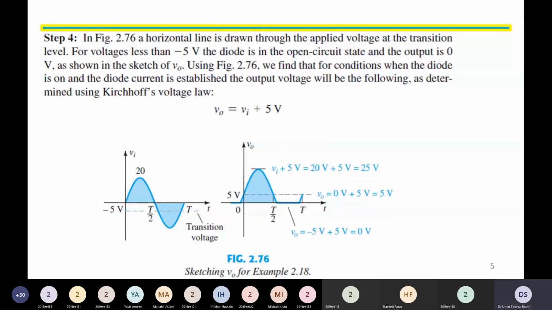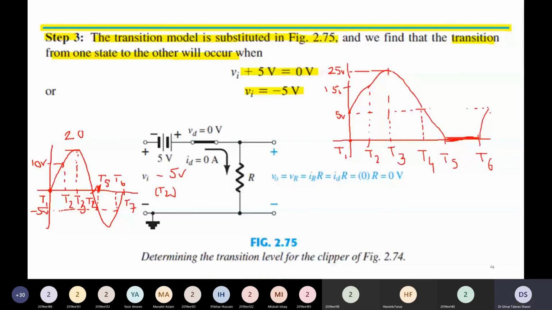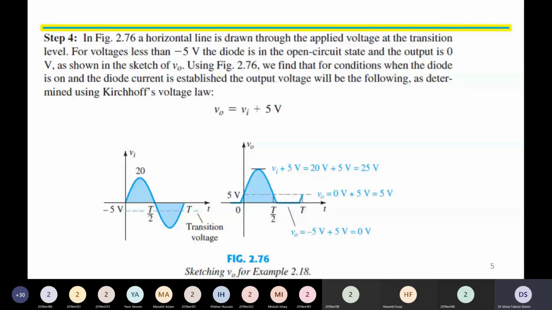So yes, this is what we have done in the next slide. Step number 4 is that in figure 2.76, a horizontal line is drawn through the applied voltage at the transition level.